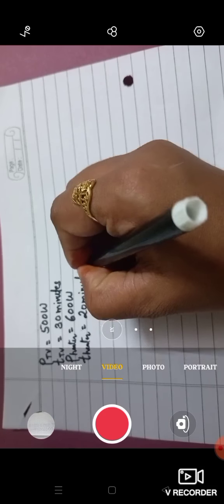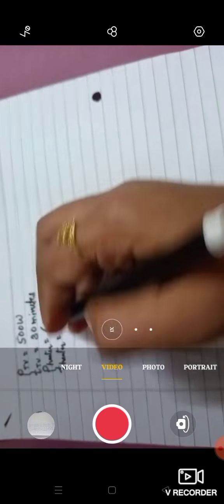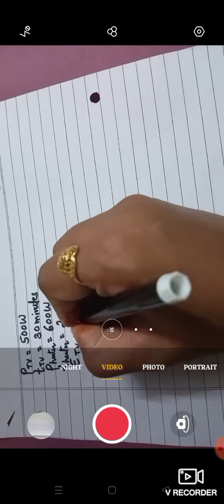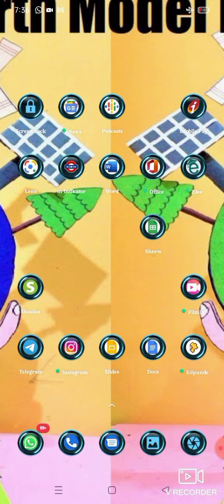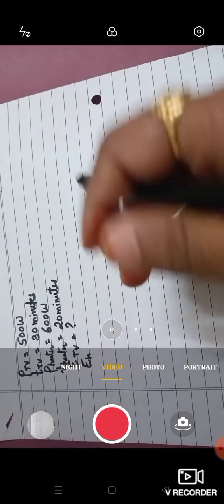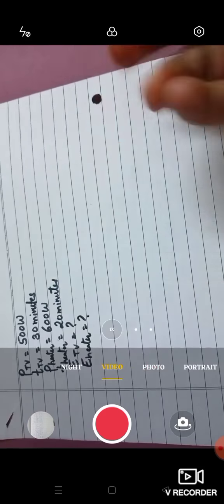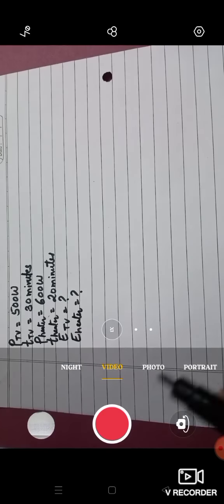Now we need to calculate which equipment has consumed more electrical energy. We will first calculate the energy consumed by the TV, then the energy consumed by the heater, and after that we will compare which has consumed more electrical energy.